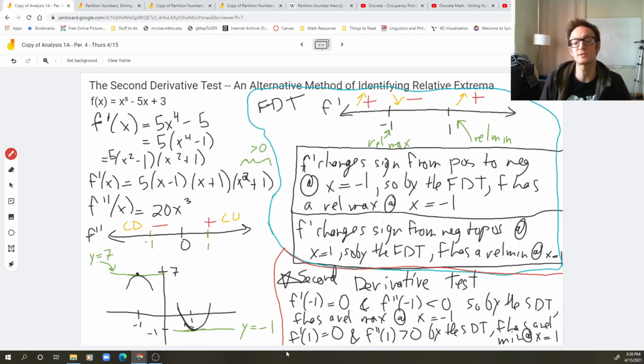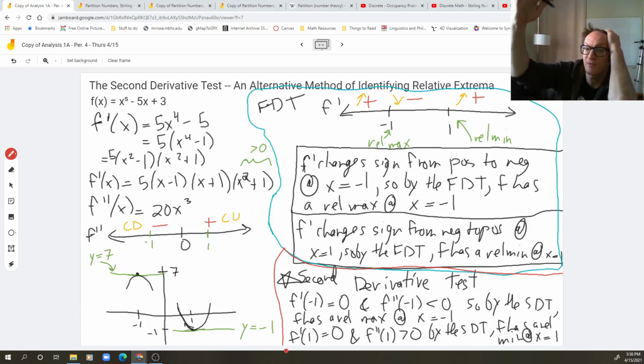Instead of showing that there's a sign change in the derivative, you prove that it's a relative max directly, so to speak. I know this function can never go above 7 because I know it never touches the line y equals 7. Why? Because the line y equals 7 lies above the curve. Why? Because tangent lines, as we proved, for a concave down function lie above the curve.